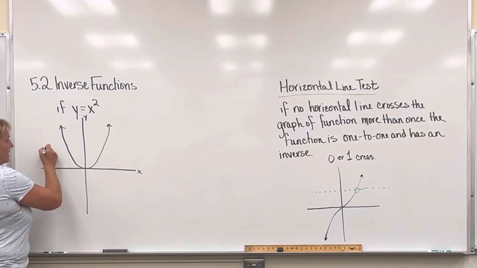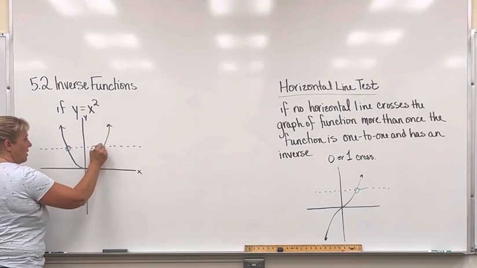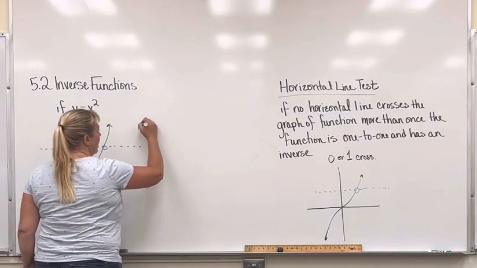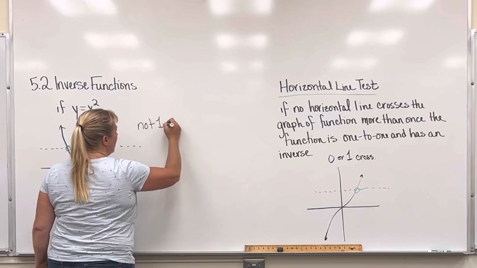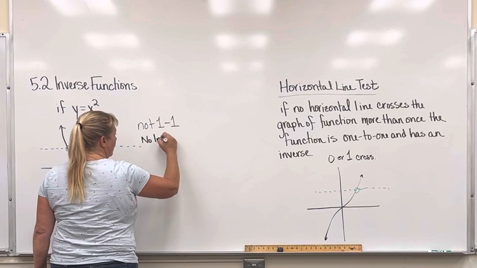If I take this horizontal line right here, that crosses the graph twice, doesn't it? And since that's the case, this function is not one-to-one. So this function doesn't have an inverse. So not one-to-one, so there's no inverse.